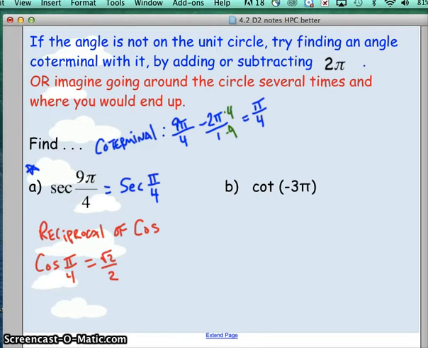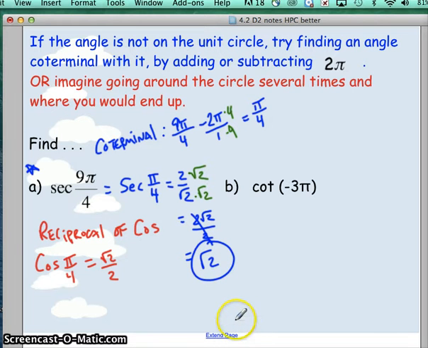Okay, so if we're going to do secant, we're going to flip that, and we would have 2 over radical 2, which, again, we would have to rationalize that denominator, multiplying by radical 2 on top and bottom. So we would get 2 radical 2 over 2. 2's cancel, so we get radical 2 for the answer. So if you're told to find secant, what you might want to do is find cosine first and then just flip it. You don't have to, but it's an option.